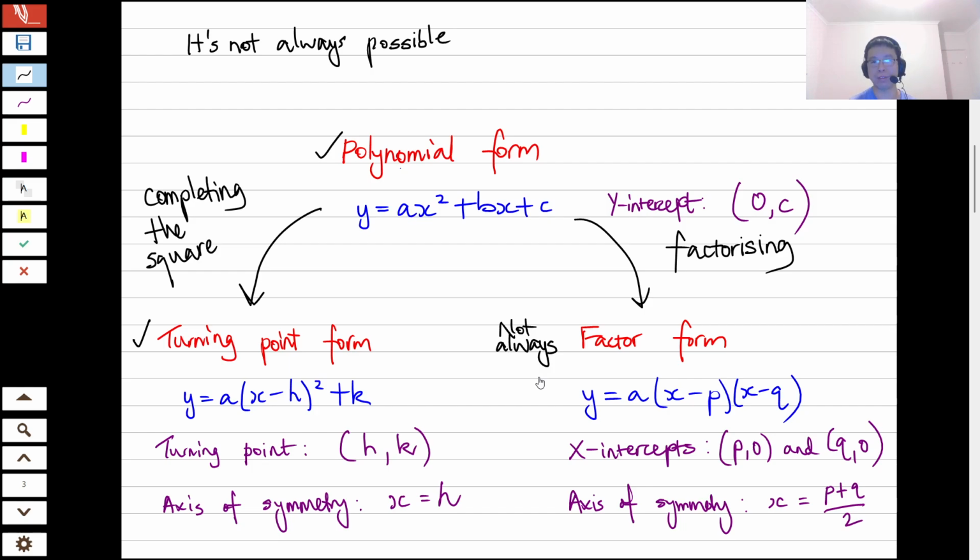This is when the graphs look like the ones I drew previously. So it's not always possible to factorize over the real numbers. If I want to go backwards, well, I just need to expand the brackets.